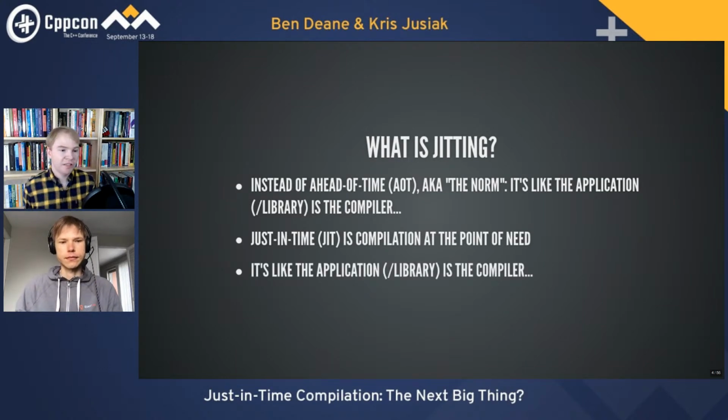So yes, we're basically building an application or a library which contains within it Clang in this case, but a compiler that can do JITting, not just when we as developers sit down to write the code, but when our users run the code at install time, at deployment time, or just before runtime.